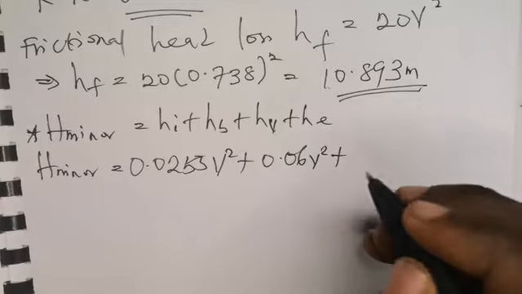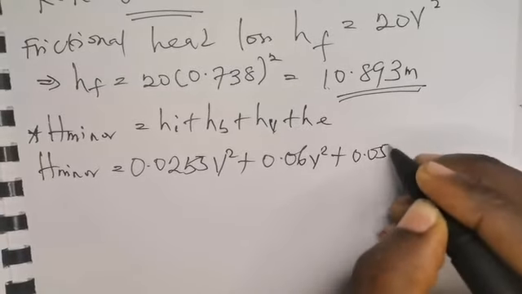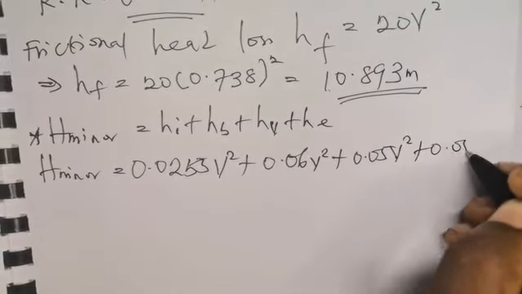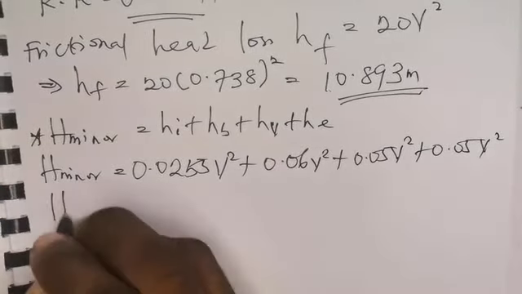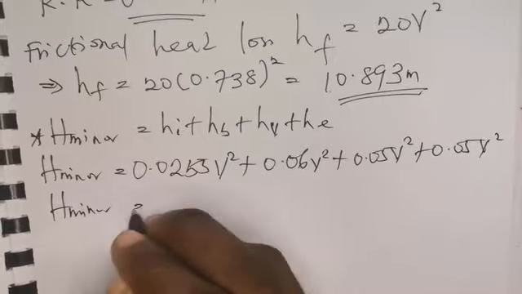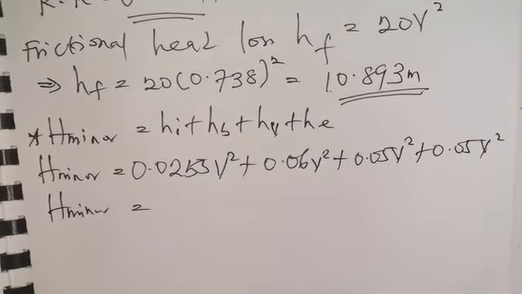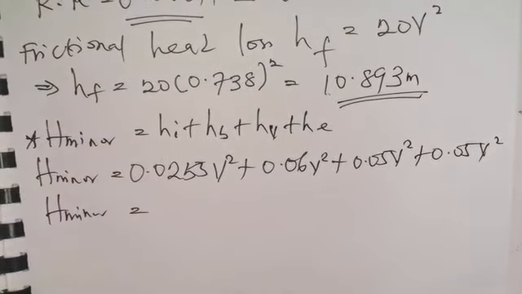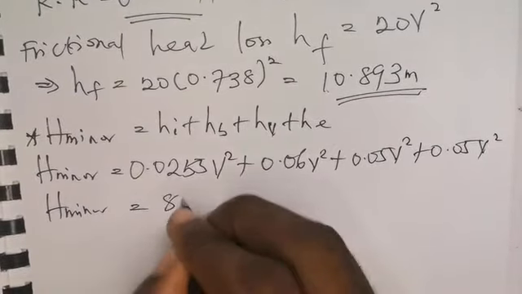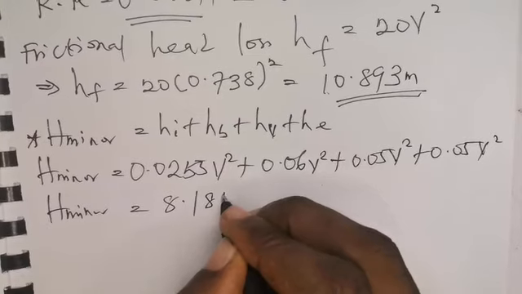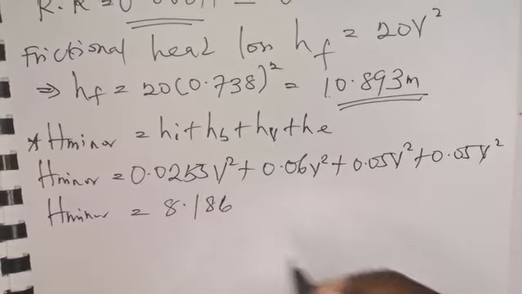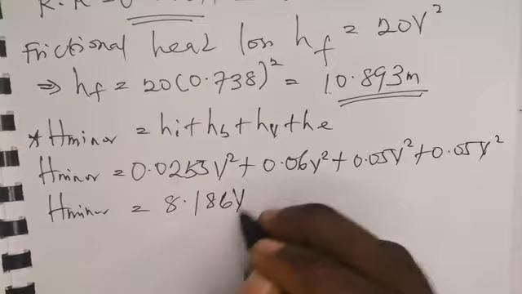So let's add all these values up. That gives us approximately 8.186 V squared.